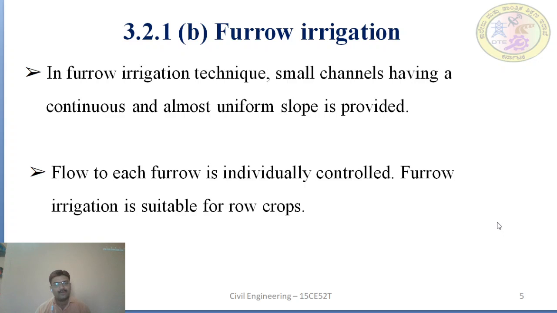Now in furrow irrigation, water which is flowing on the field channels is individually controlled, and furrow irrigation is suitable for row crops.